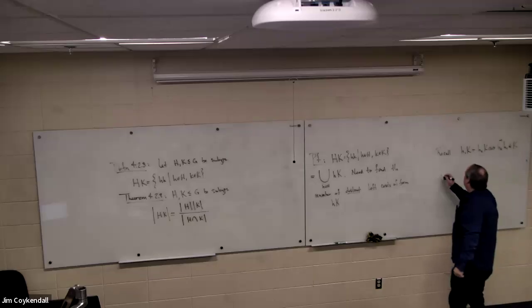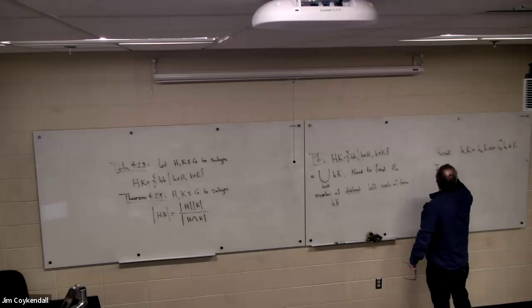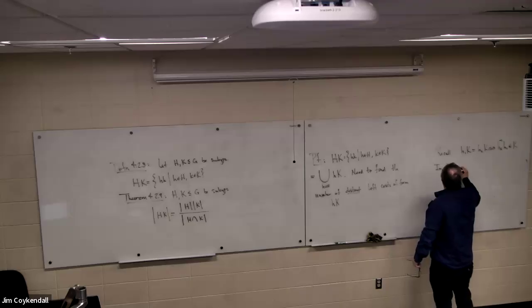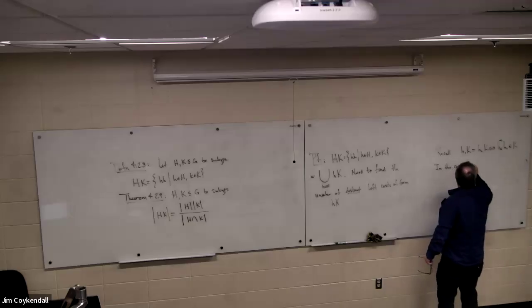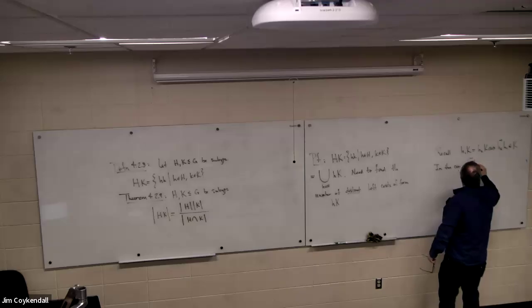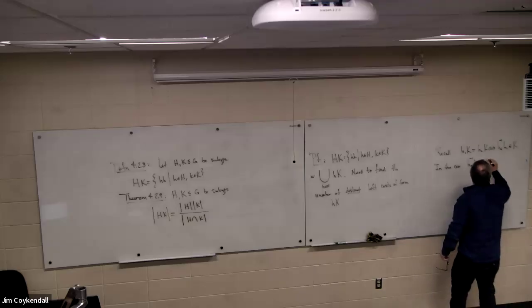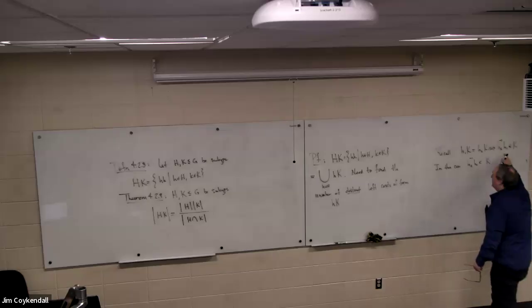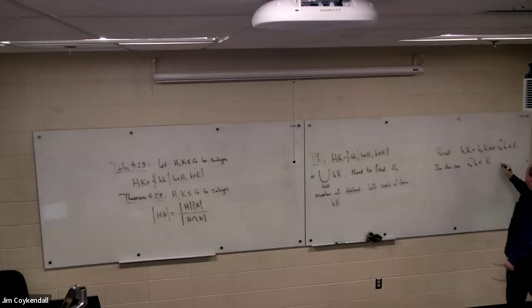So in this case, notice that h2 inverse h1 is in K, because the two cosets are the same.